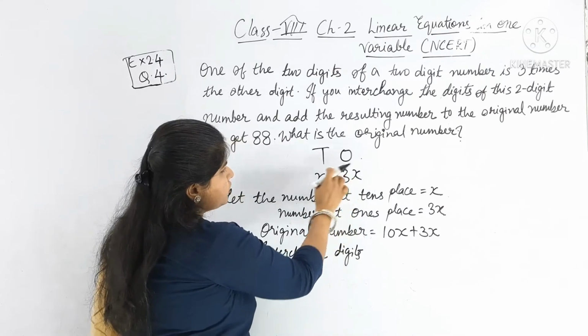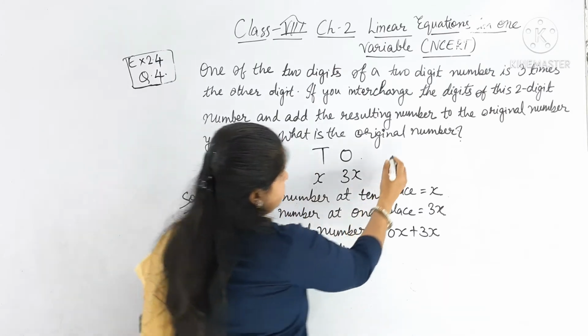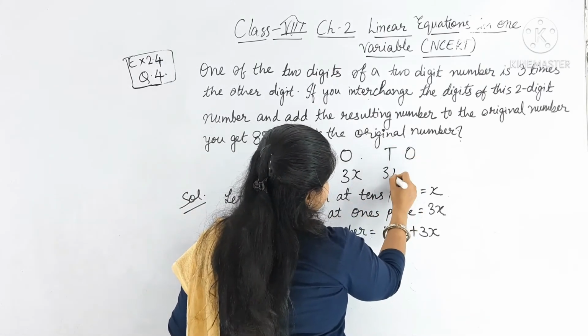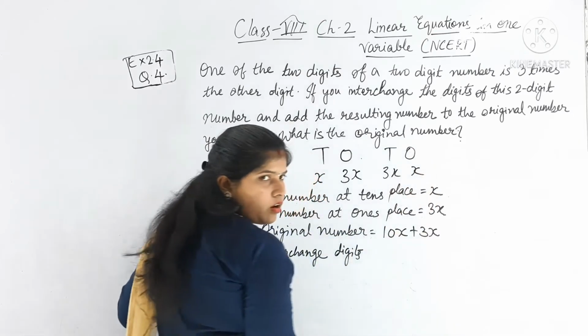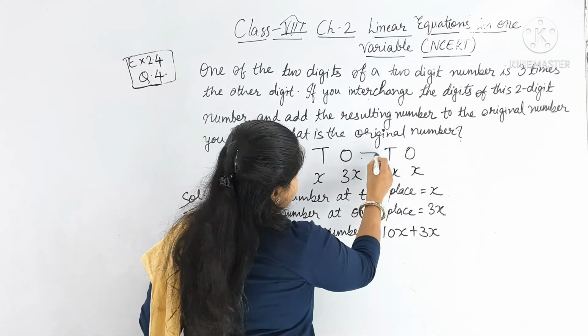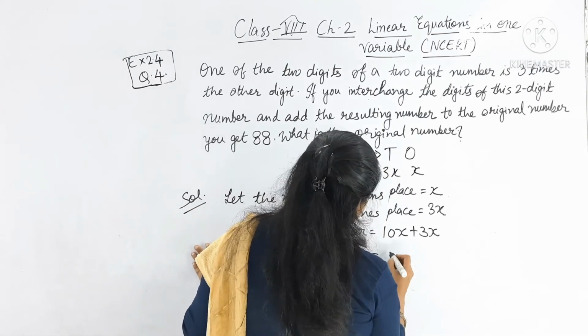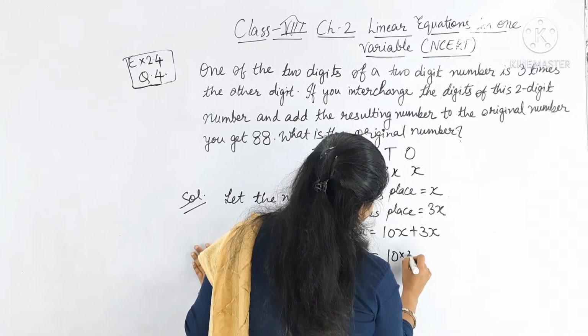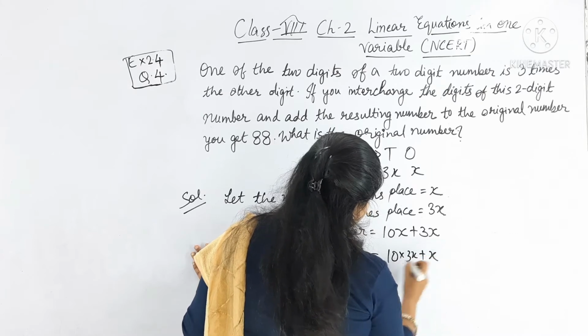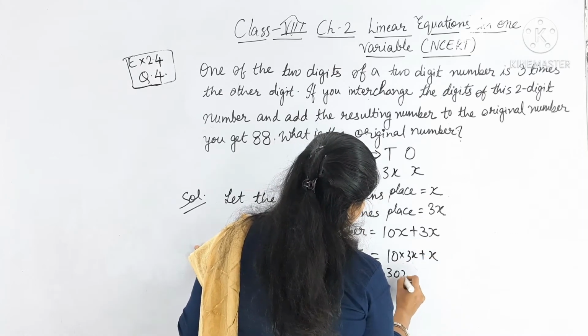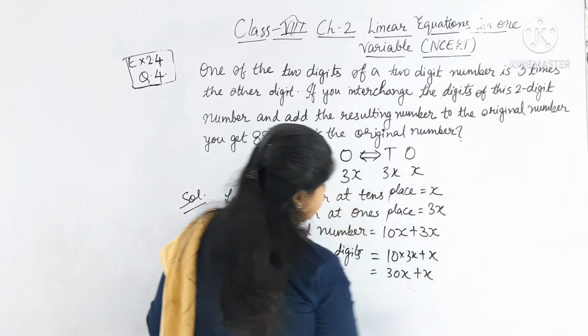That is, 3x will be here and x will be here, like this, right? After interchanging, 10 into 3x plus x I can write, that is 30x plus x.